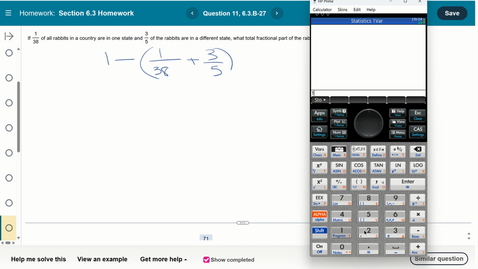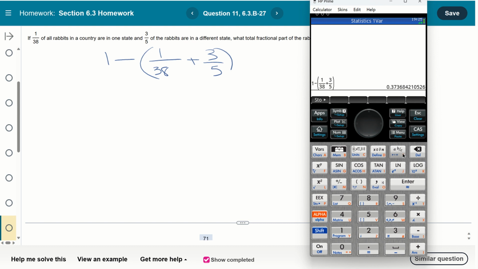Okay, so we have 1 minus the quantity 1 divided by 38. Make sure to put the cursor in the right place by hitting the right arrow, and then plus 3/5, and we hit enter.